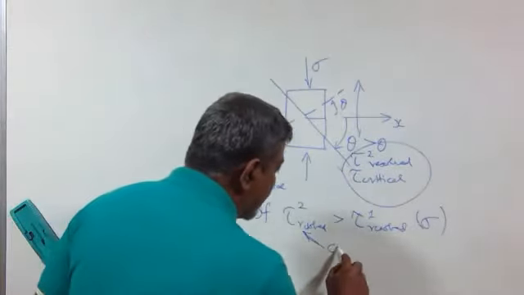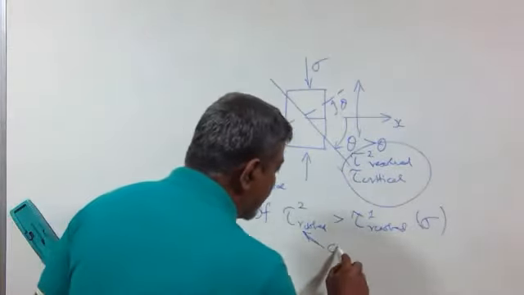So far, okay? Now I am going to pose the previous question, which is, there are lots of planes within the 360 degree rotation. Many planes exist. In that case, what should I do? Well, I will find out tau 1 resolved, tau 2 resolved, tau 3 resolved, tau 4 resolved, and so on, up to tau n resolved, and this n could even go to a very large value.